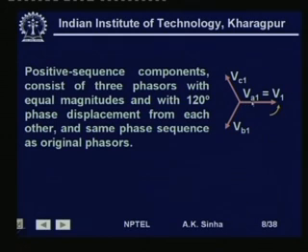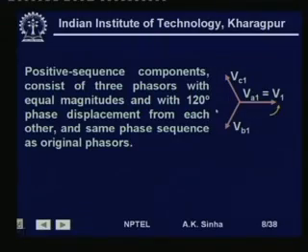Now, here we have introduced an operator a, which is basically a unit phasor with an angle of 120 degrees in the positive direction. So, when I operate VA1 with this phasor a, what I get is this phasor moved to this position, and if I operate it again by a, then it gets moved to this position.